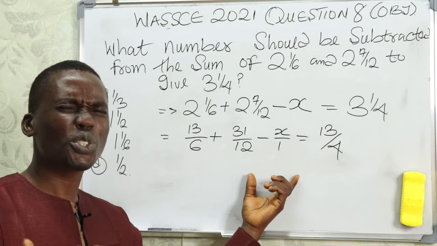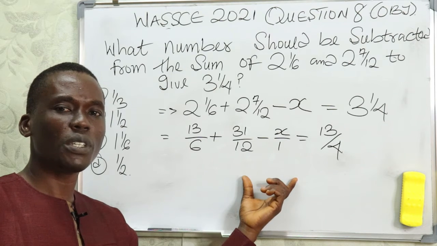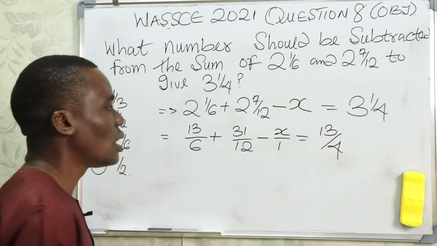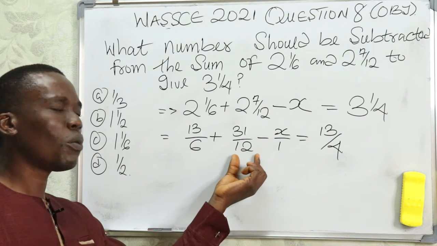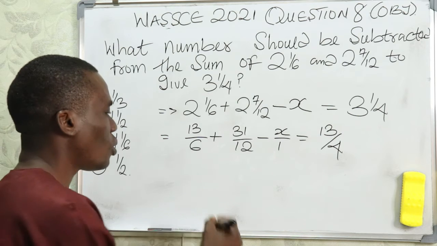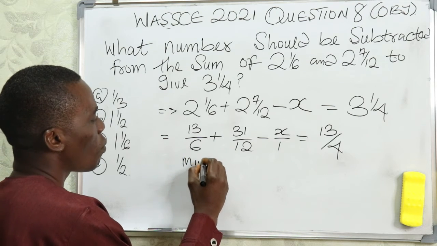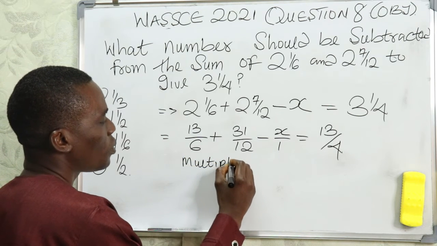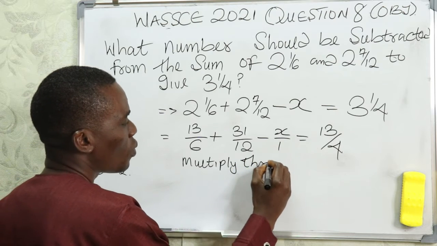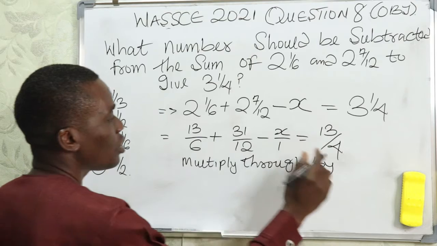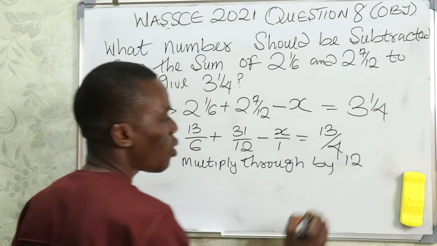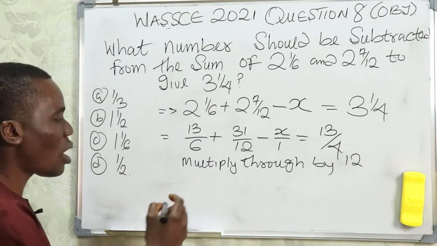We want to look for a shorter process, and the shorter process is to multiply all the fractions in this question by the largest denominator. So we will now multiply through by the largest denominator, which is 12.